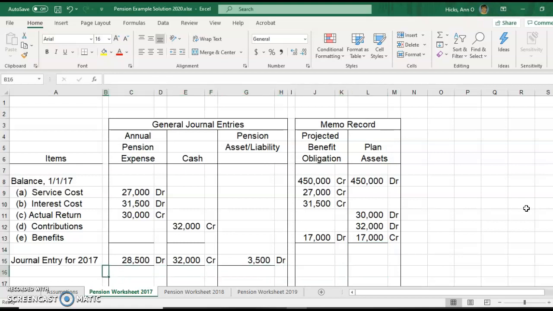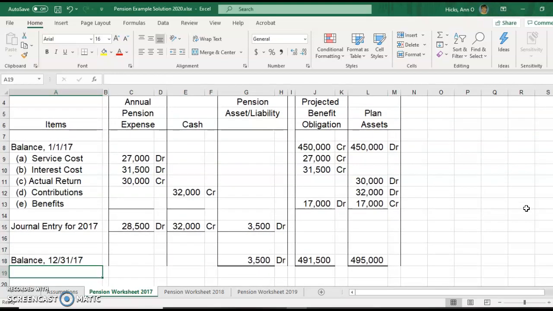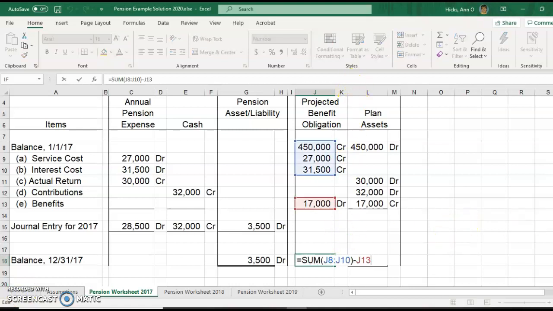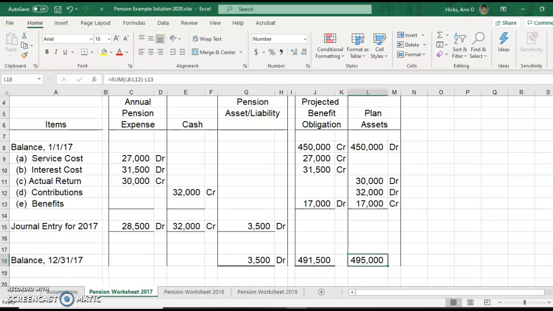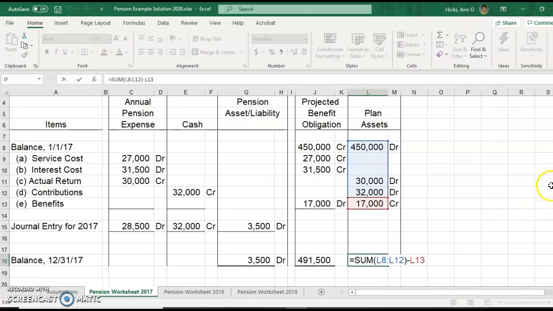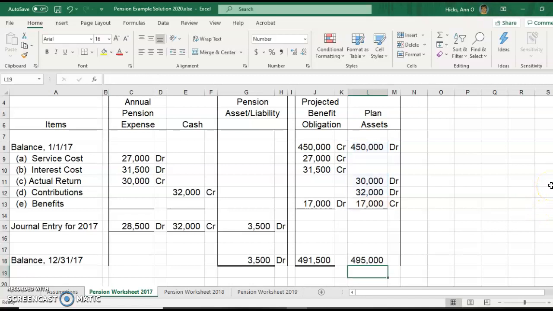Now, let's come down and see what we have here. Notice that after all those entries are taken into consideration, the ending balance of the projected benefit obligation is $491,500. After all of the adjustments to plan assets are taken into consideration, the ending balance in plan assets is $495,000.